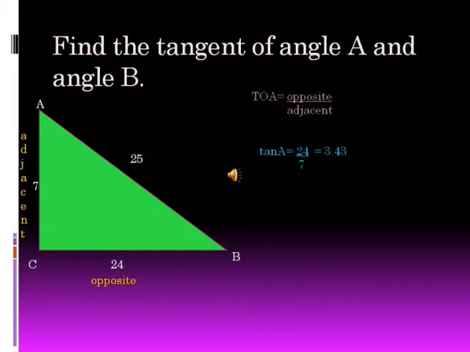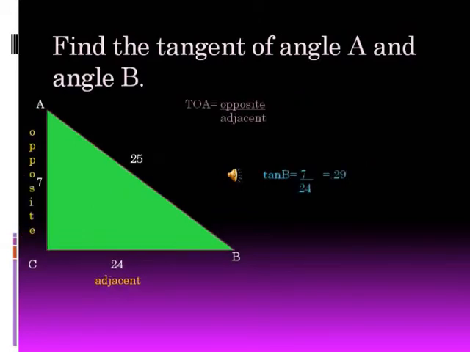Now to find the tangent of angle B. Again, tangent is opposite over adjacent, so the tangent of angle B equals 7 over 24. When you simplify the fraction, the tangent of angle B is approximately 0.29.